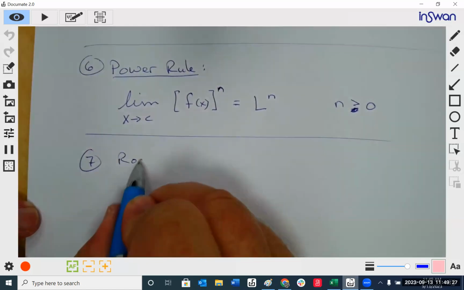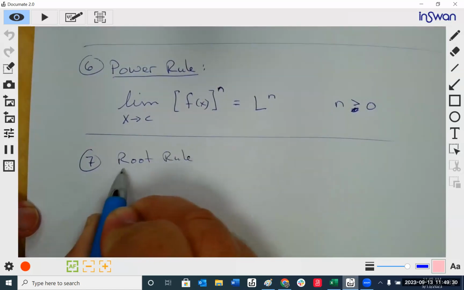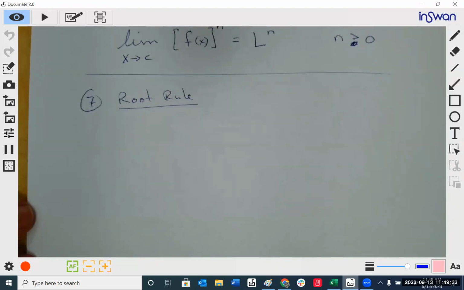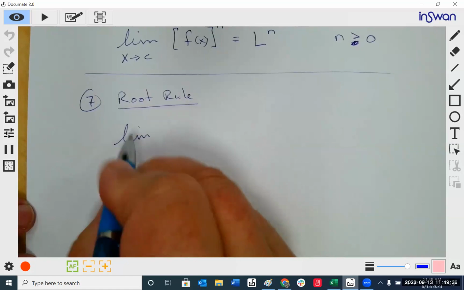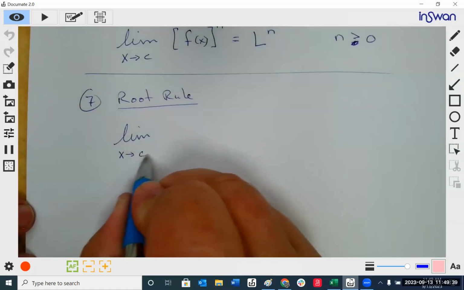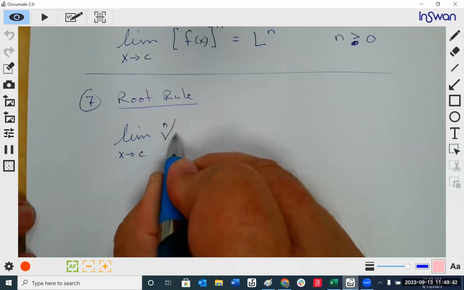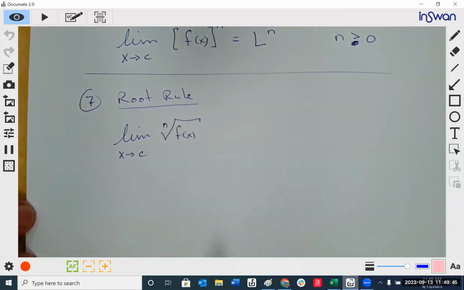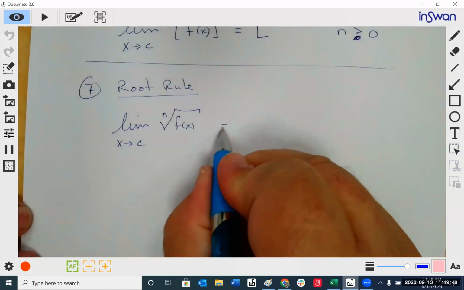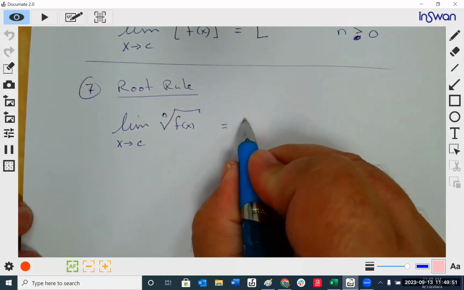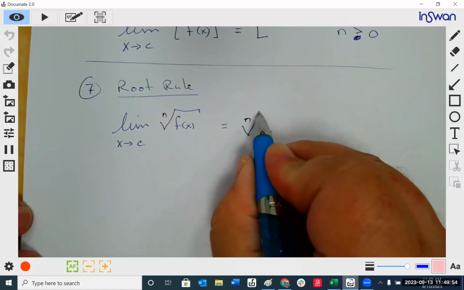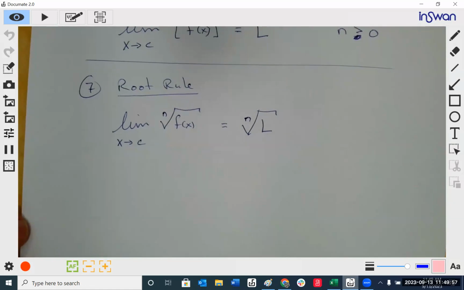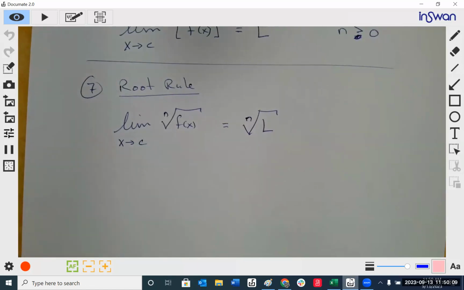Powers, we go to the rational powers, the root rule. The limit as x approaches c of the nth root of some function is equal to the nth root of the limit of the function. So you would take the root of the limit.